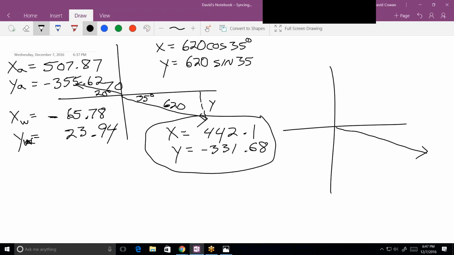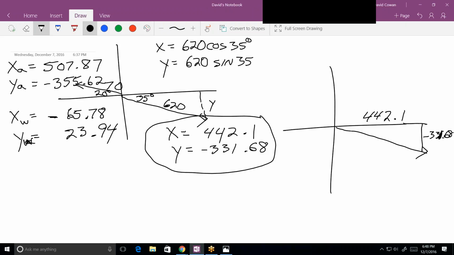The only thing we know about this resultant is that its horizontal component is 442.1 and that its vertical component is minus 331.68. Okay. With me? Wait, is this still part A? Yes. This is still part A, okay. This vector that I drew here is not the airplane vector anymore. This is the net vector.